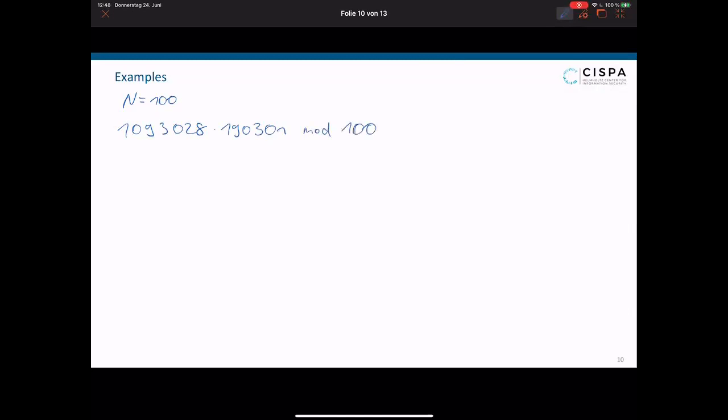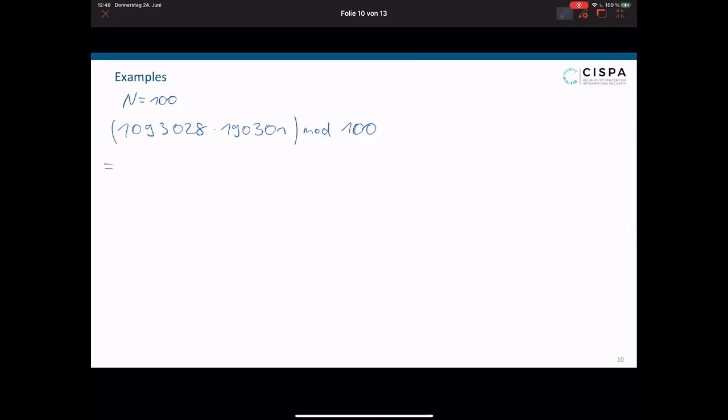What is that? Well, 100 is a lot smaller than these two numbers, so it would be silly to first compute the product of these two numbers, right? Let's first reduce these numbers modulo 100 and then compute the product.